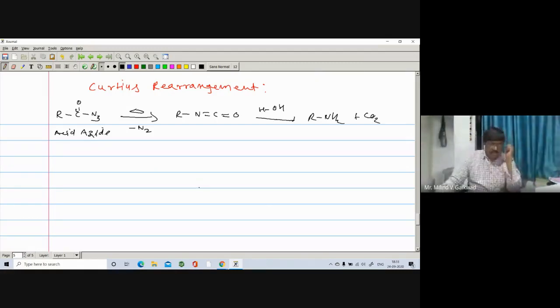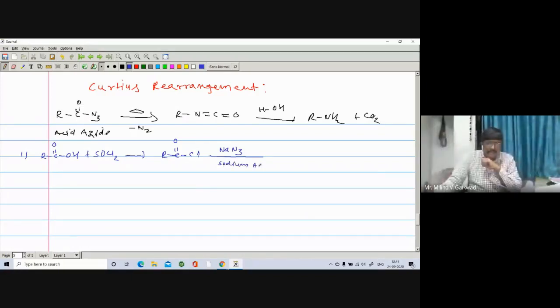So how this azide formation takes place, that you have to see, and what is the mechanism of this reaction. Here the starting compound is again acid, R C double bond O H. Acid reacts with SOCl2. You get the corresponding acid halide, R C double bond O Cl, and this acid halide further reacts with sodium azide, NaN3.